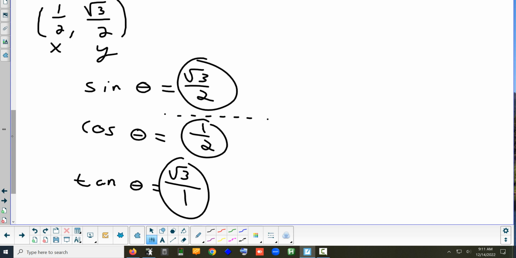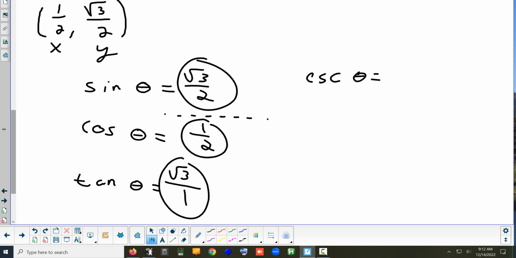You would divide 1 by the square root of 3 divided by 2. Okay. So what does that really mean we're doing? Finding the reciprocal. Yep, we're flipping it. So all we have to do is flip those to get the other 3. That's what 1 divided by means. Flip.